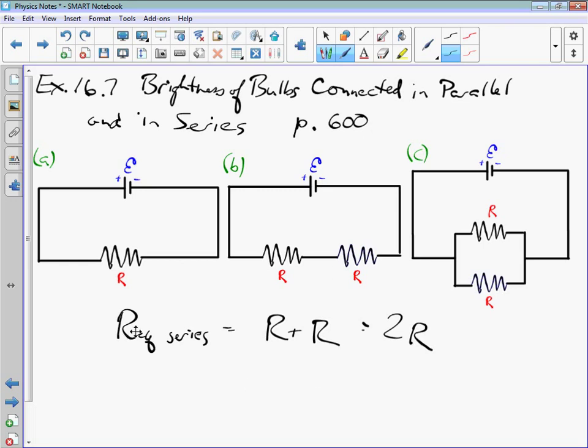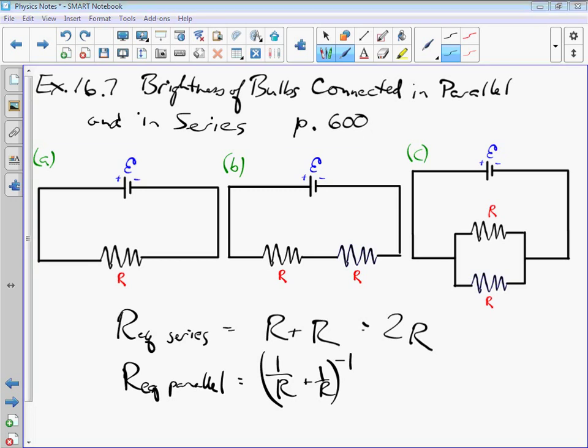For parallel, it's a little more difficult. Equivalent resistance in parallel is equal to 1 over R plus 1 over R, to the negative 1, or the inverse of that. 1 over R plus 1 over R is going to be equal to 2 over R, but it's to the negative 1, or inverse, so that's equal to R over 2, or half of the resistance.